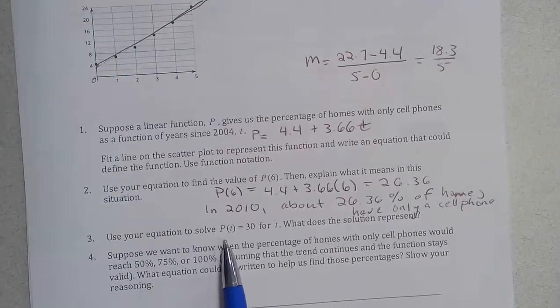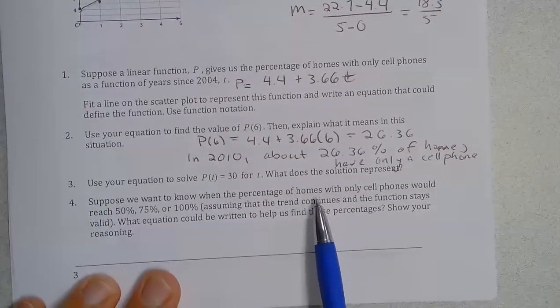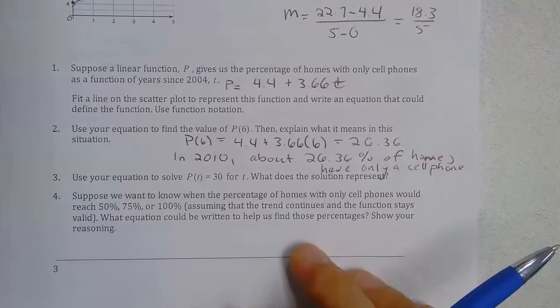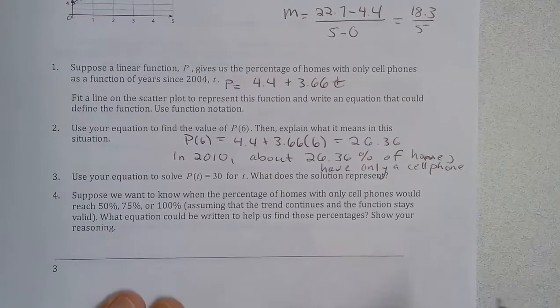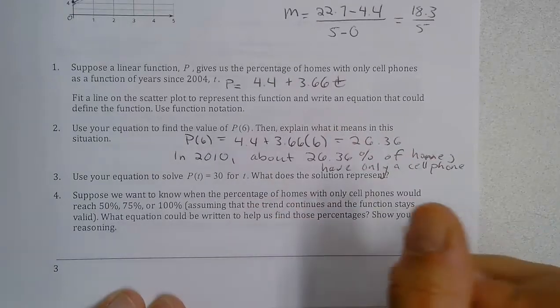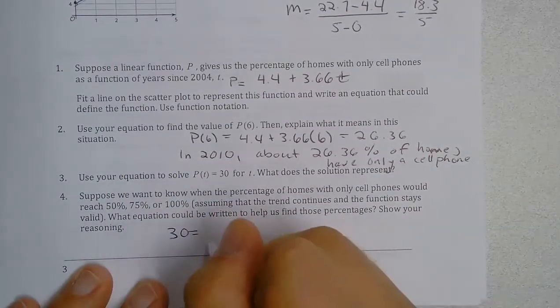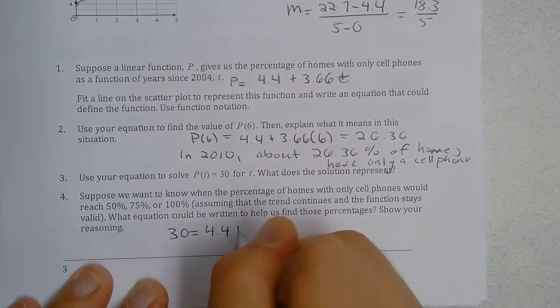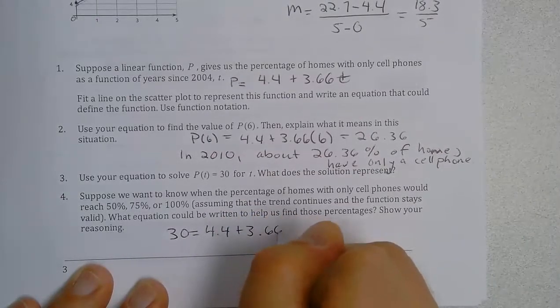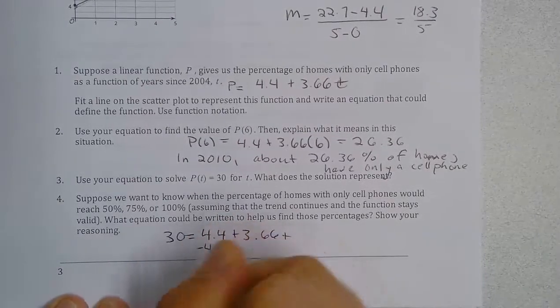So now we're going to use our equation to figure out what P of t equals 30, and then what does the solution represent? So on here, we plug in 30. I'm going to do my work down here. So 30 equals 4.4 plus 3.66t. So I'm going to subtract 4.4 from both sides.